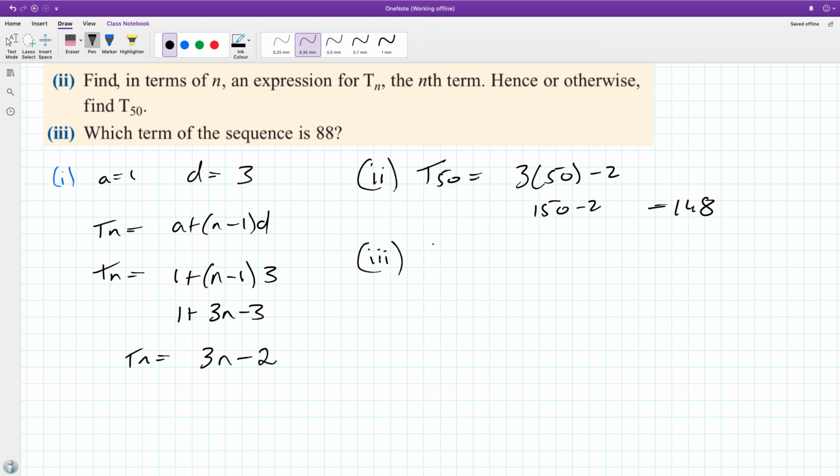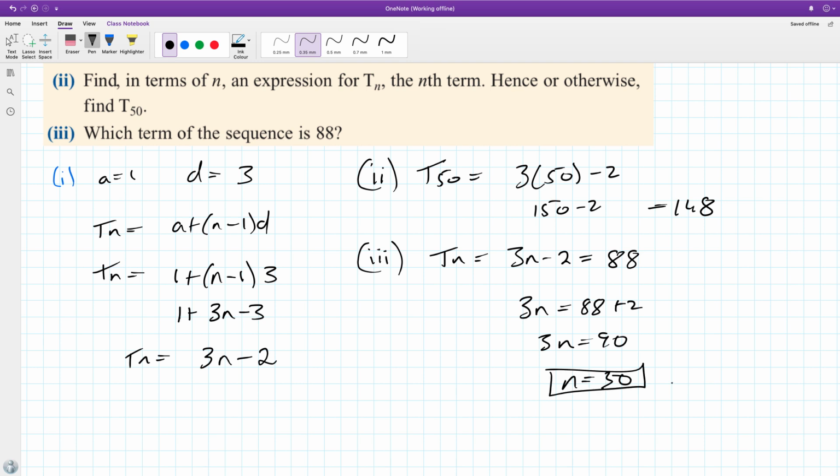Let our formula equal 88. Tn is equal to 3n minus 2, which is equal to 88. 3n is equal to 88 plus 2. 3n is equal to 90, n is equal to 30. That means the 30th term in that sequence is 88.